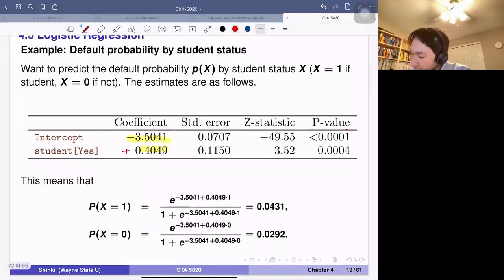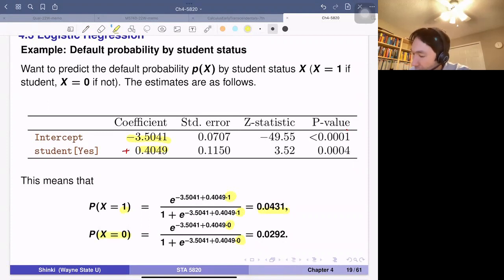And how to interpret it? This model is relatively simple, so we can interpret it by comparing the predicted probability for x equal to 1 and x equal to 0. If student, x equal to 1, the default probability is 0.0432, so 4.3%.